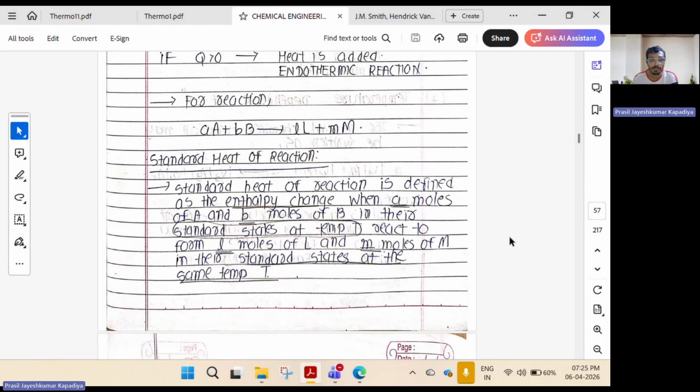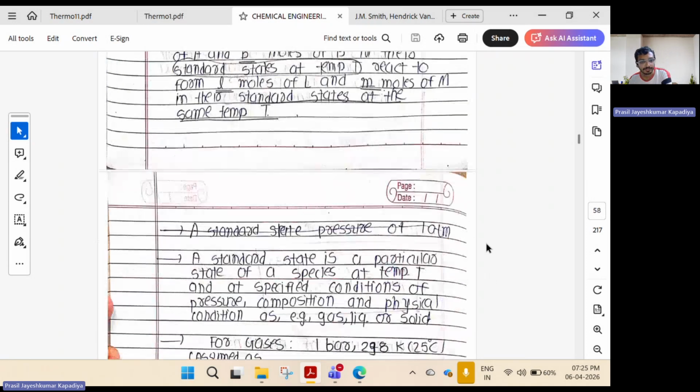Standard state is very important. So this is called the standard heat of reaction.